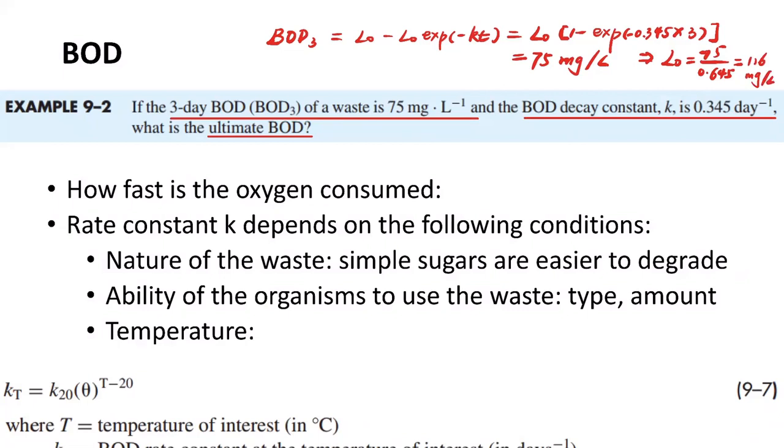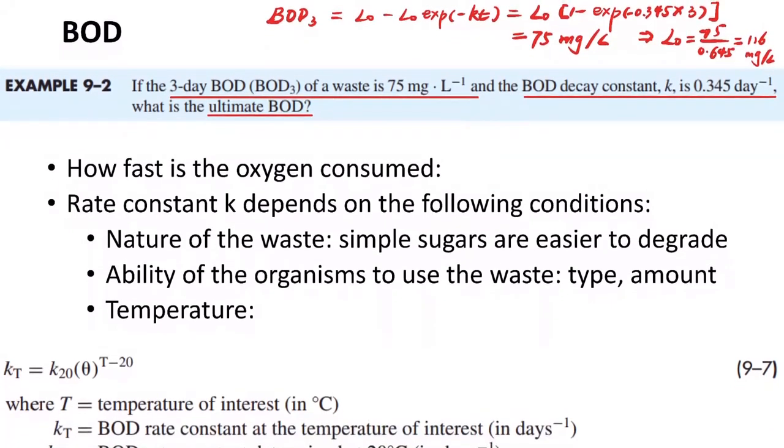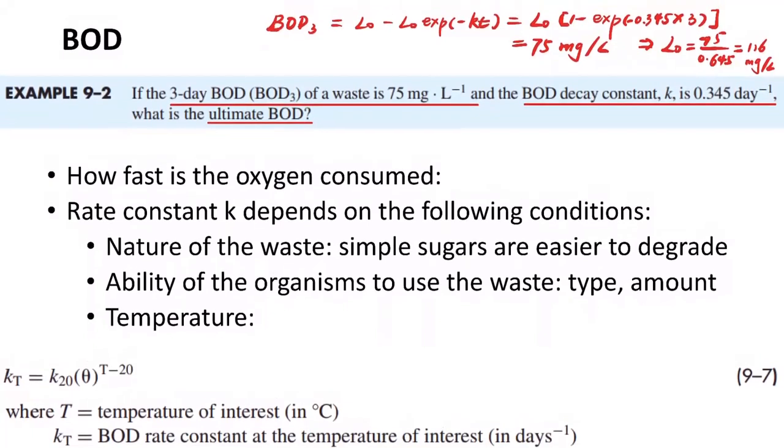This is the total amount of the oxygen demand that's required by these organic wastes, right? So you can use this simple equation here to convert from one to another, right? So the same thing, if you know what the ultimate BOD is, you can convert to see what is the BOD after 3 days or after 5 days, 7 days, and so on.